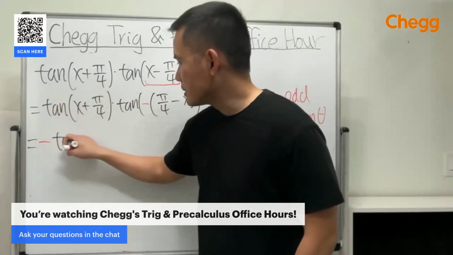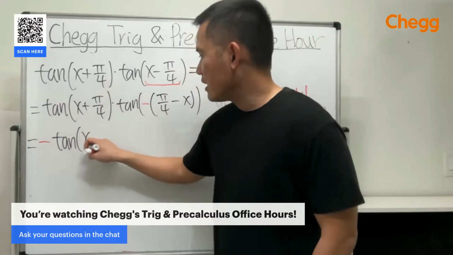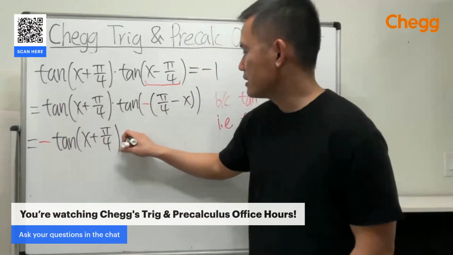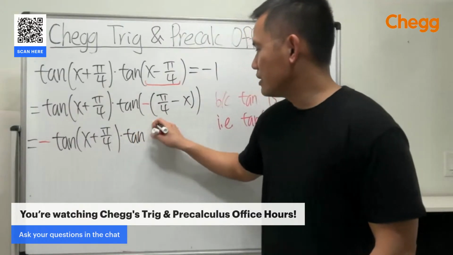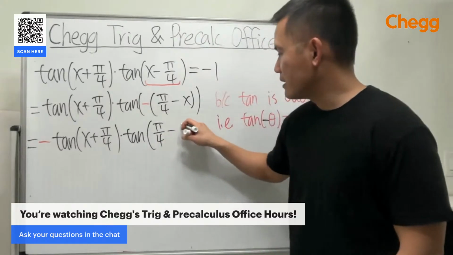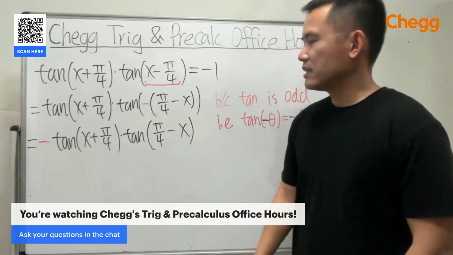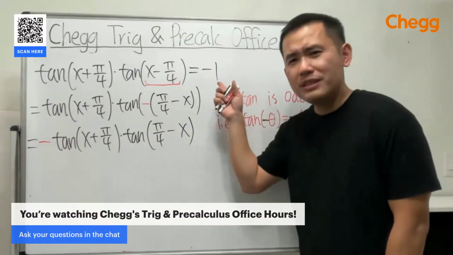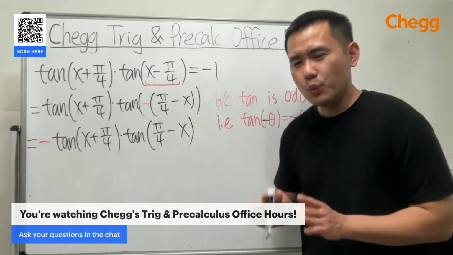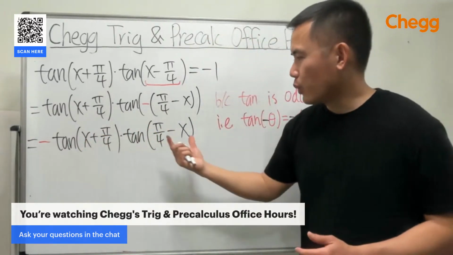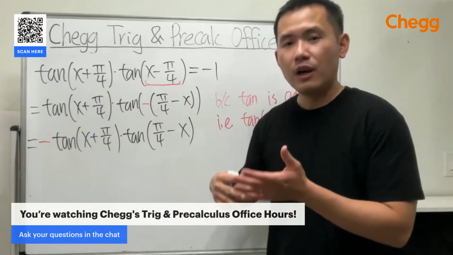So this right here becomes negative tangent of x plus pi over 4 times tangent of pi over 4 minus x. Now, I'm going to use this for a little bit, because the only way that two things multiplying give you 1 is if one of them is the reciprocal of the other, right?